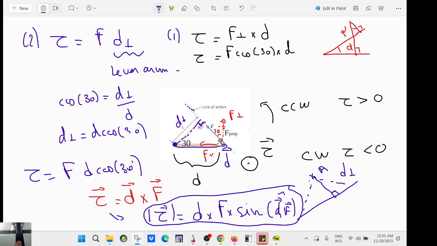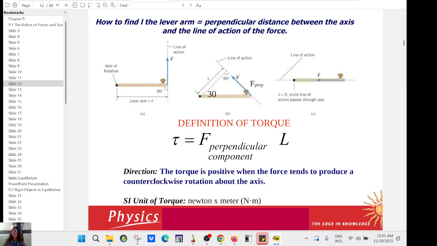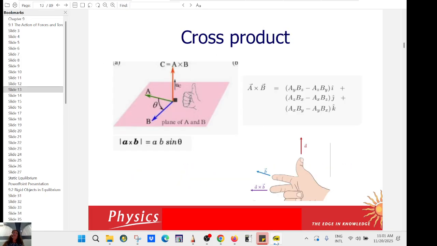Yes, you can say sine 60. So it will be the same. Okay, so I'm going to give you the formal definition, but just to give you an idea. For this class, you just have to worry about this one, and that will be for more advanced. I'm still going to talk about it, but for the problems, you use this or that. It's not that hard. So what's the cross product?